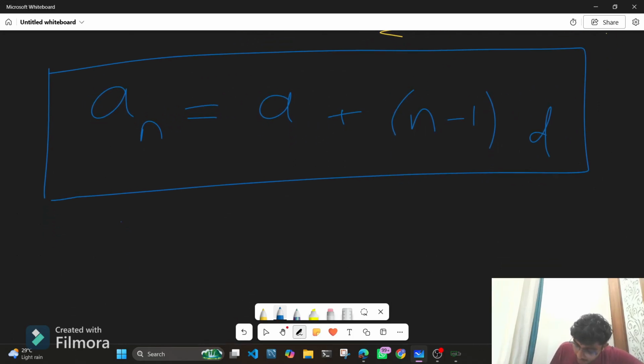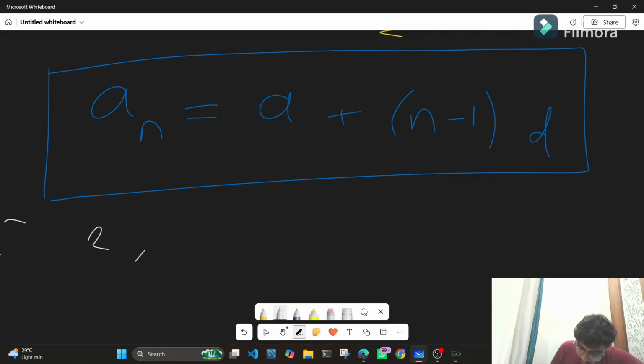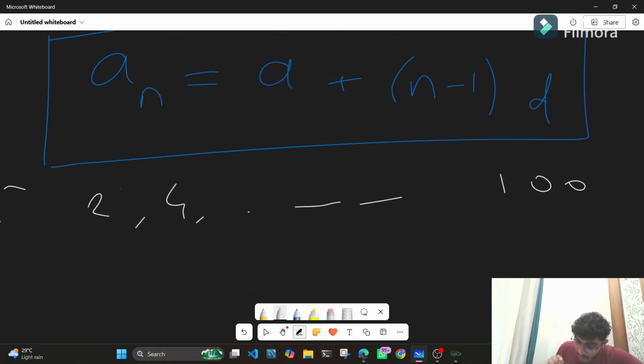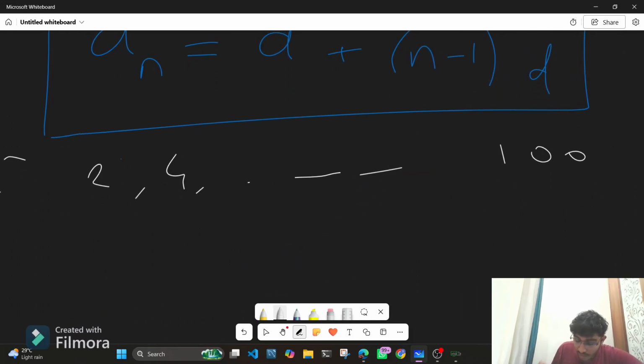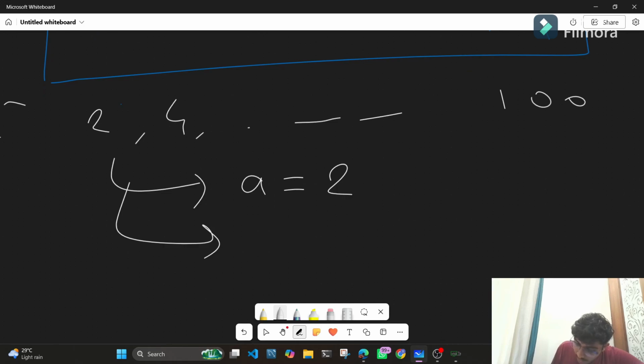Okay. Now again, let us just come back to our example. That was the AP of even numbers 2, 4 till 100. Now we know that this is an AP of even numbers. So from the AP we can draw two conclusions: a is equal to 2, and the common difference d is also equal to 2.